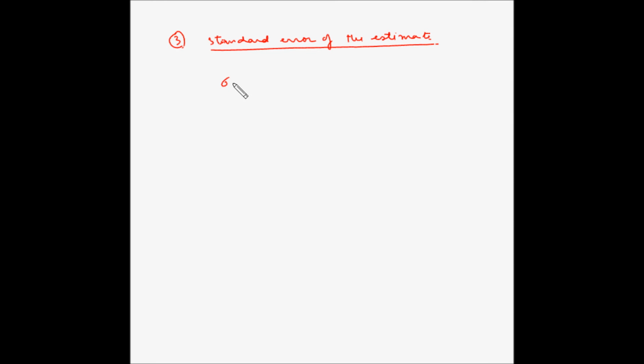So standard error of the estimate is represented as sigma xy, and the formula is the square root of the sum, where i equals 1 to n, of yi minus yi dash square divided by n minus 2. Now this value we have already found out in the previous step, and the value came out to be 730.335.